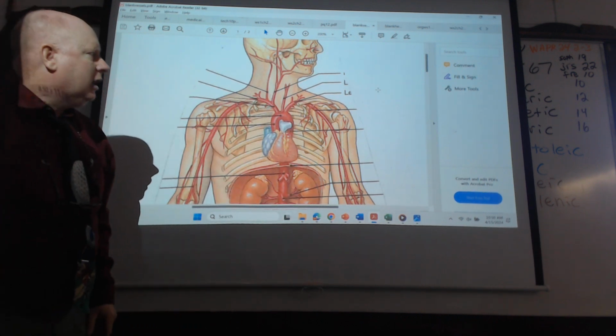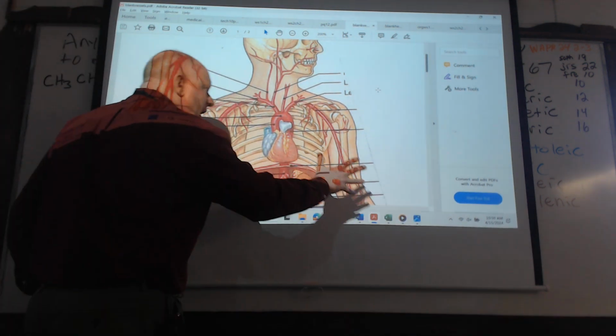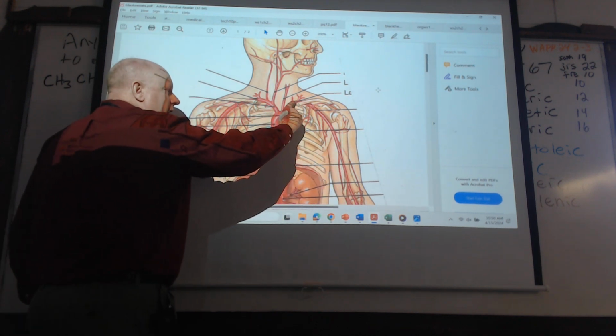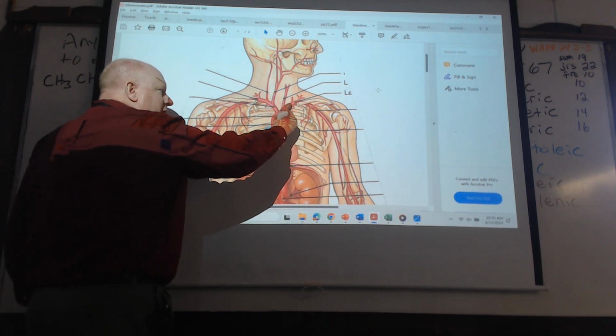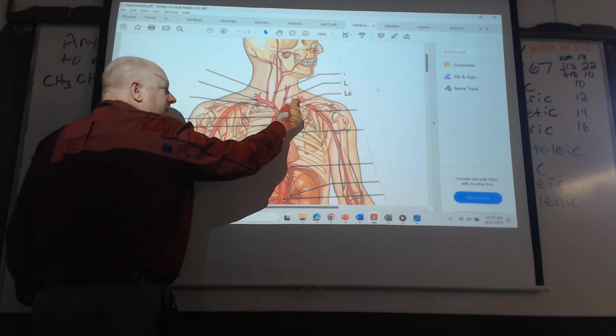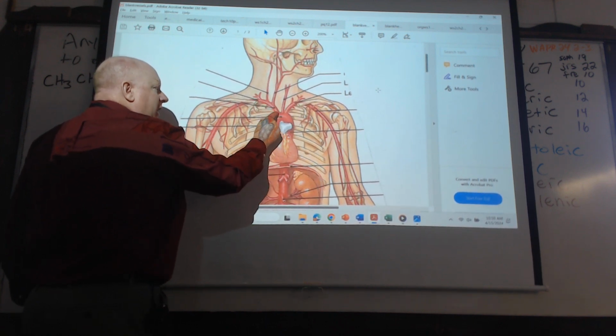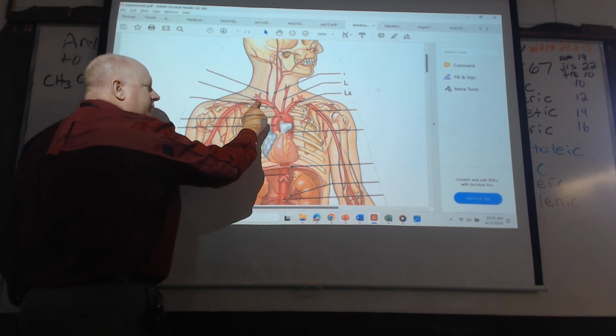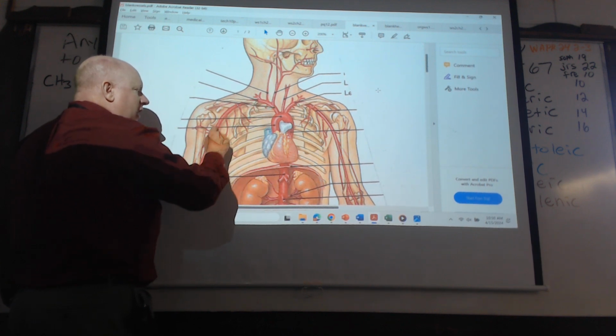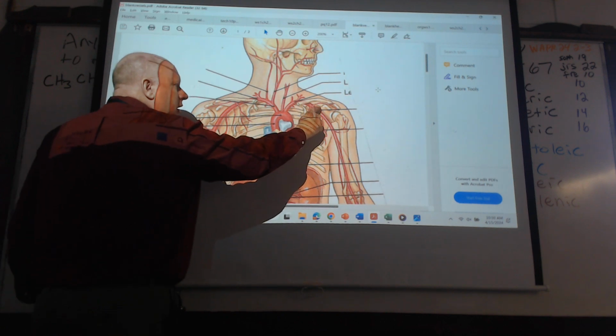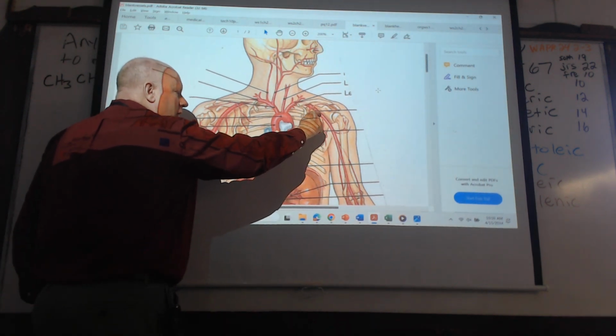That's right. For the most part, every time something branches off of there, like here and here, after we get past the brachiocephalic, this is the subclavian, and then it turns into the axillary artery. And this would be the left axillary artery.